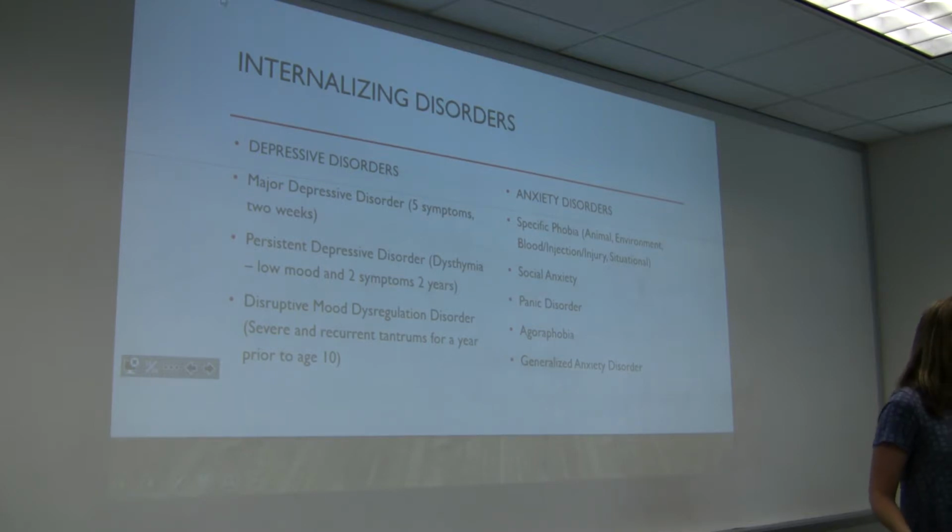So I can see markers if they don't show their parent a neat toy, if they don't do a 3-point gaze, if they are not calm. And I'm sure there are markers that exist for oppositional defiance as well. So children who have a hard time calming, children who have a really high anxiety temperament, or who have sensory stuff, those kids are much more likely to develop oppositional defiance.